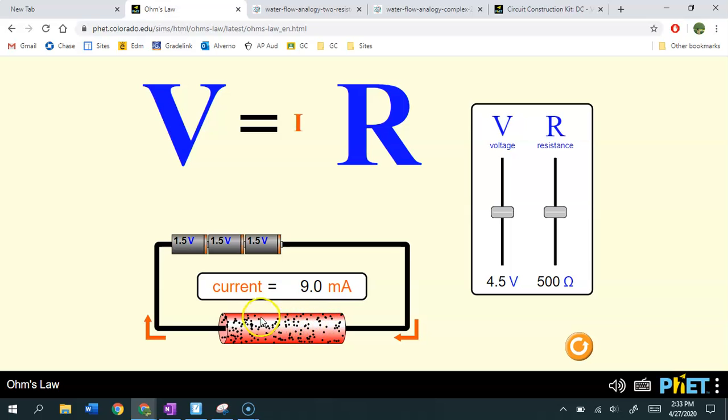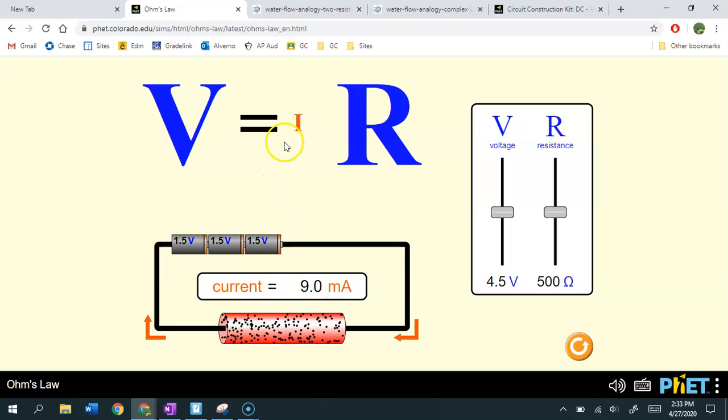The current running through this resistor is 9 milliamperes. Amperes is the unit we measure current in, and milli is a relatively small number, so it's a little bit of current running through it.